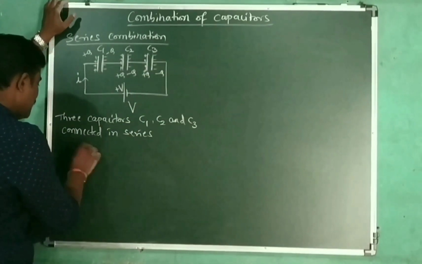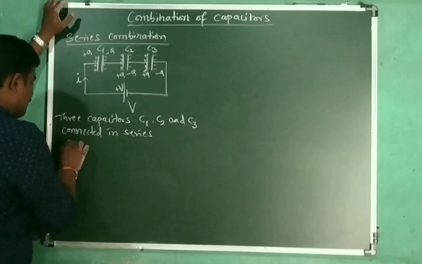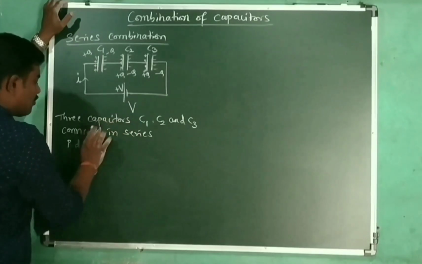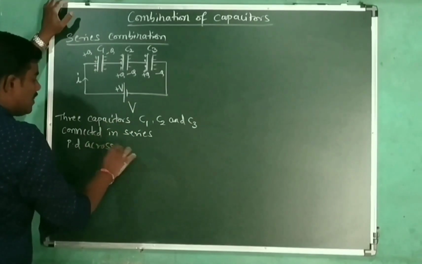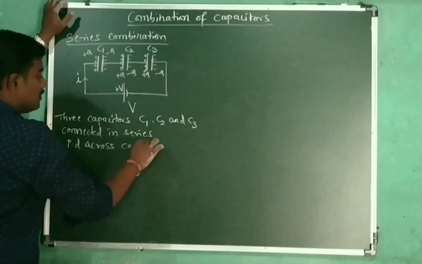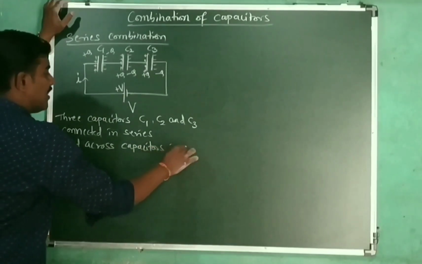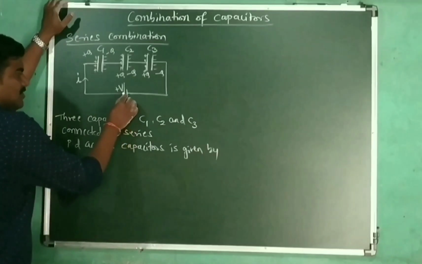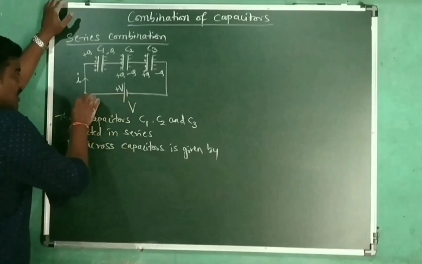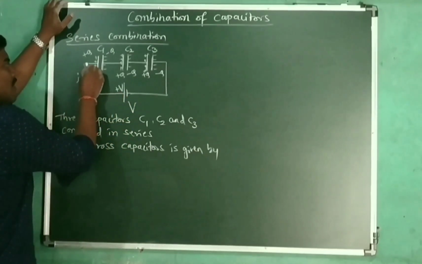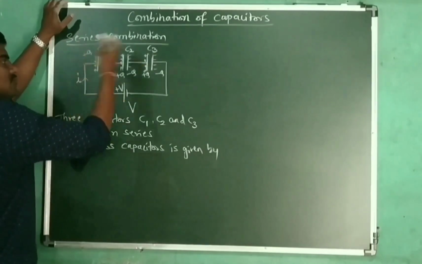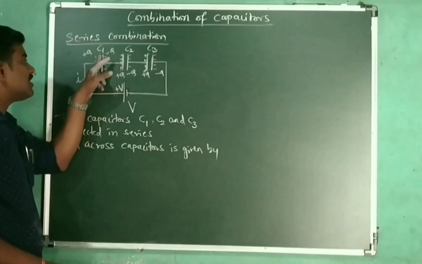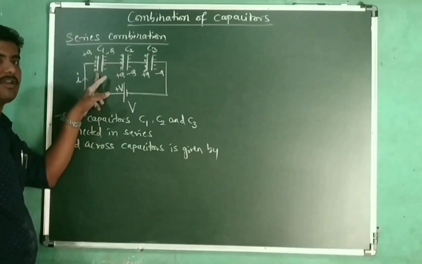Potential difference across capacitors is given by this. If charges flow from the positive terminal of the battery at this location, there is only one way. There is no other way to move these charges. Therefore the charges locate on the first plate of the first capacitor.